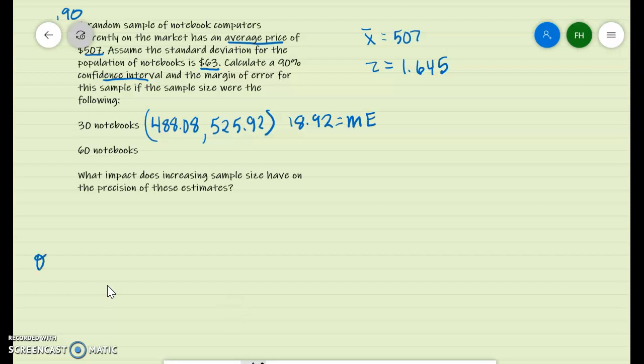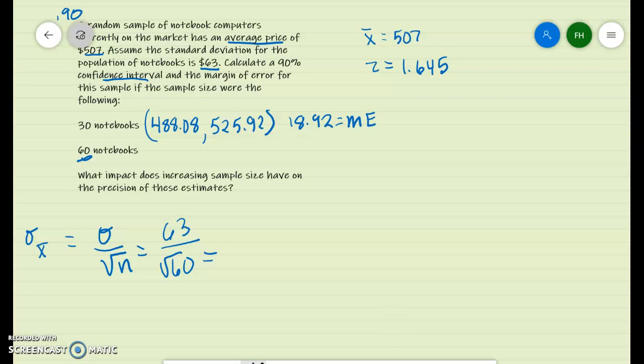So let's go down here and do our standard error of our mean, which is the standard deviation divided by the square root of n. And the standard deviation is 63, and the square root of n this time is going to be 60 because we're doing 60 notebooks. So 63 divided by the square root of 60 is 8.13. So this time our standard error of the mean is 8.13.